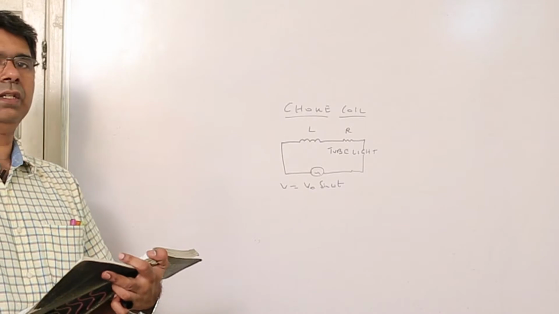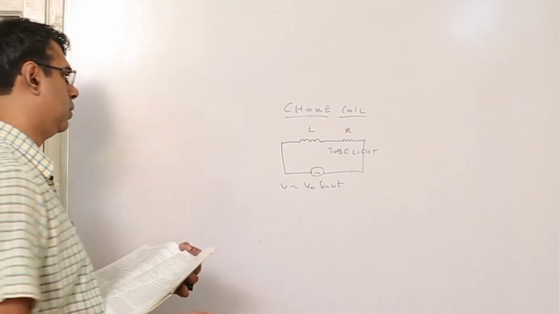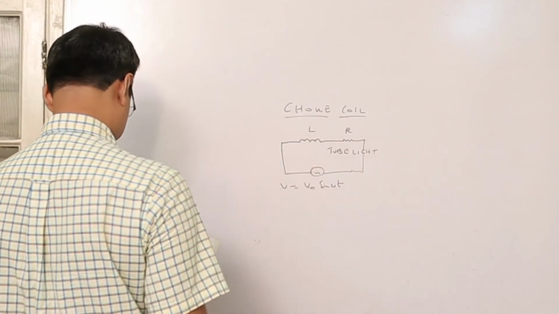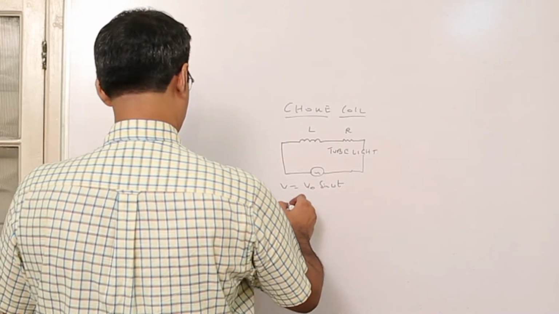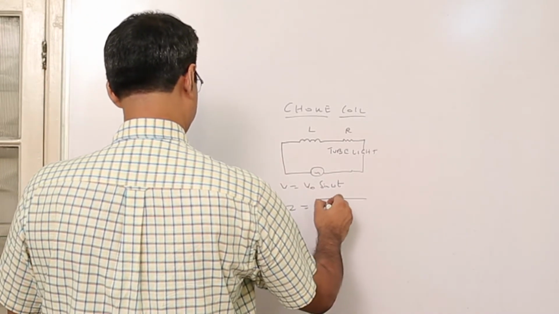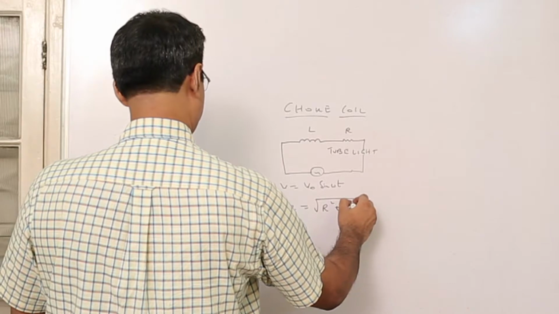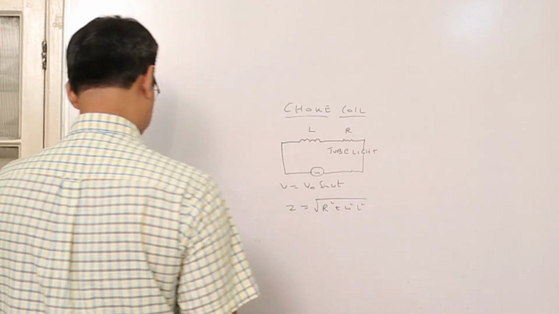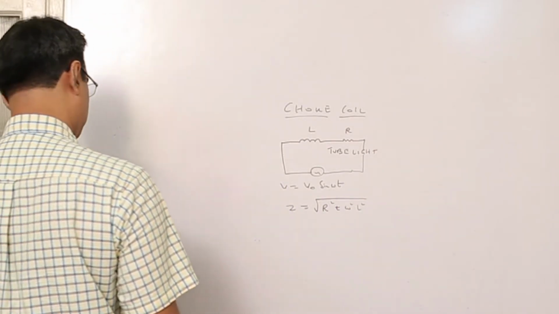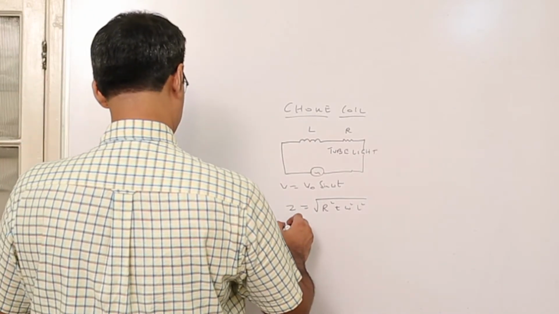Their operating voltage is much less. So to reduce the voltage, we attach an inductor in series. So if you attach the inductor, the impedance of the circuit becomes root over R square plus omega square L square.